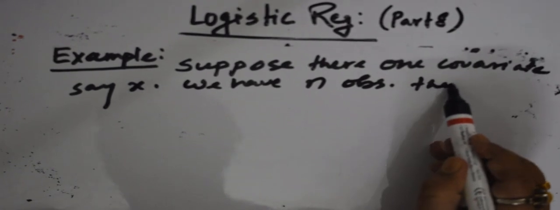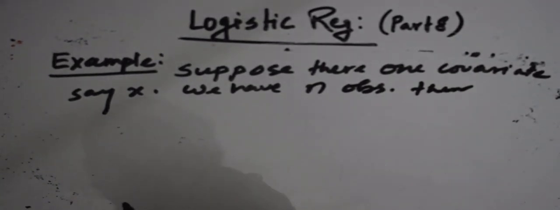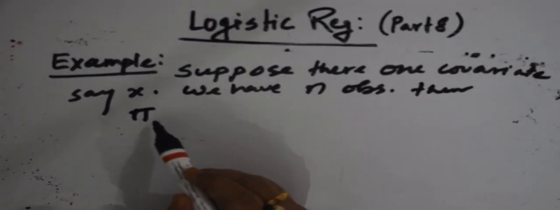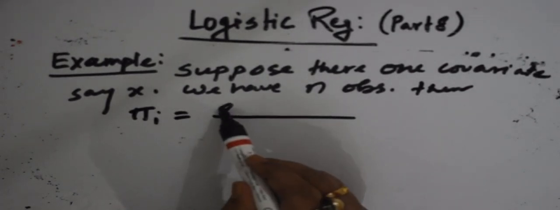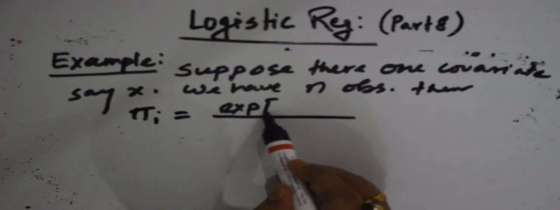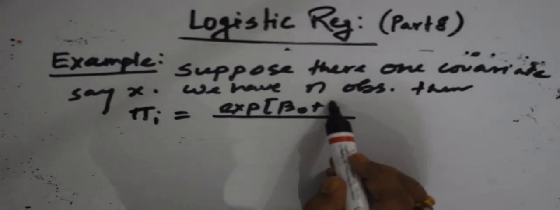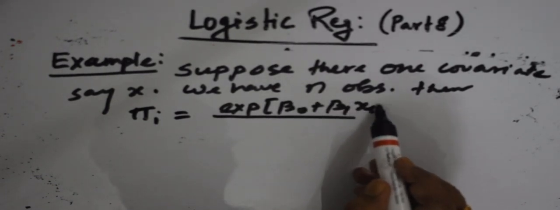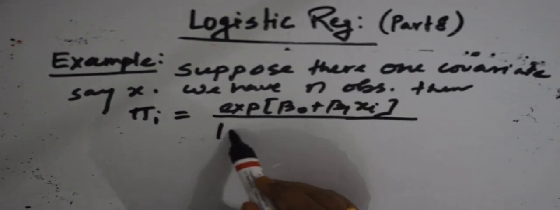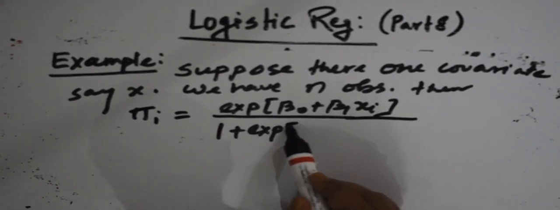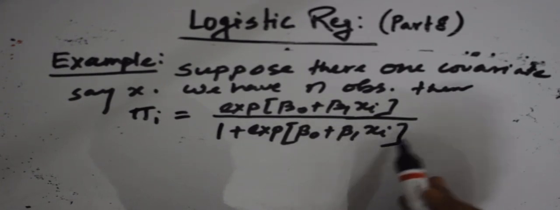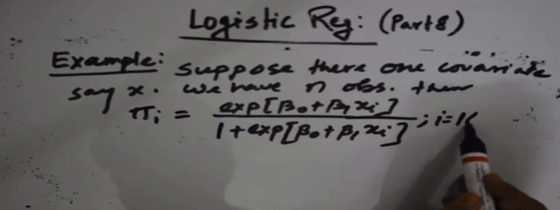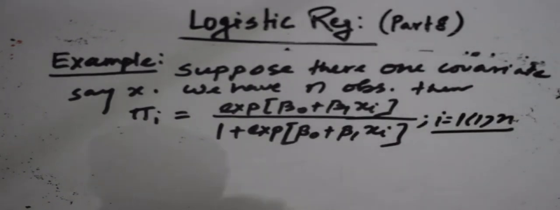Then we fit the model pi i equal to e to the power beta naught plus beta 1 xi by 1 plus e to the power beta naught plus beta 1 xi, i from 1 to small n.